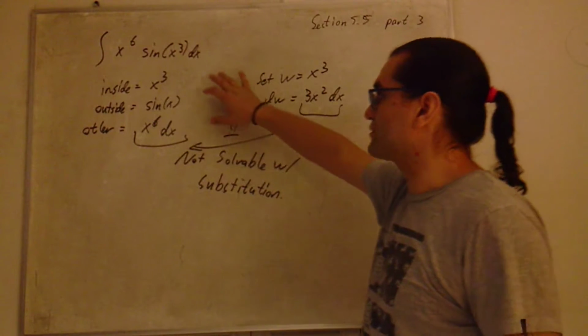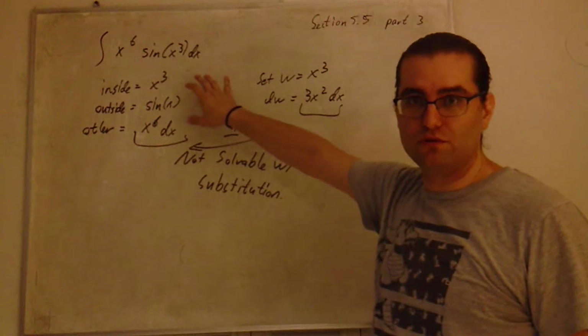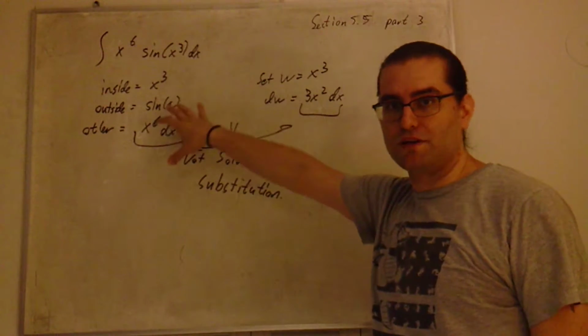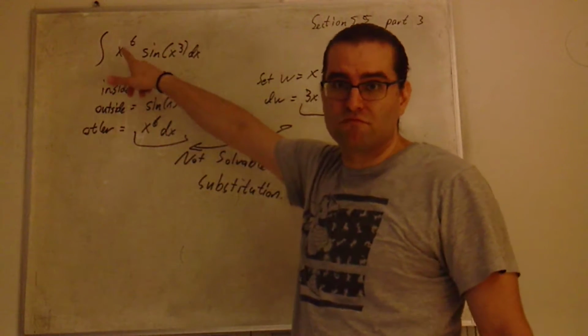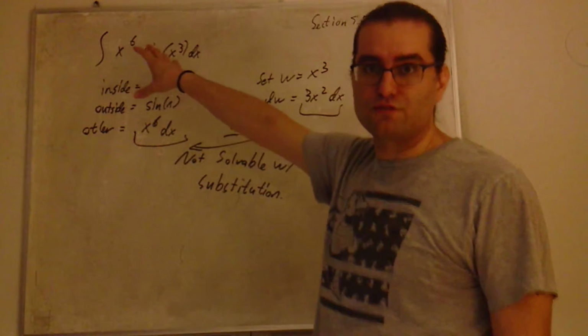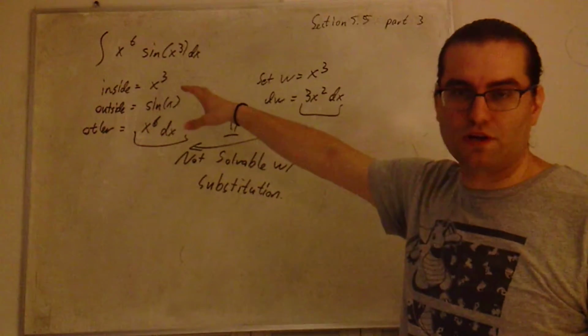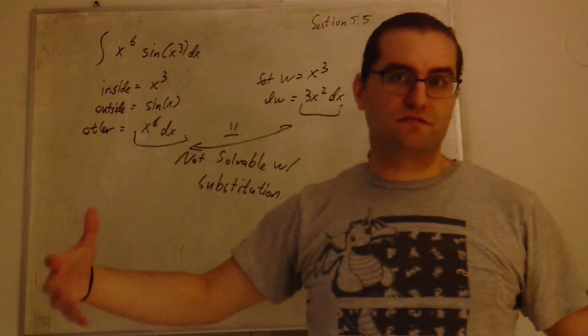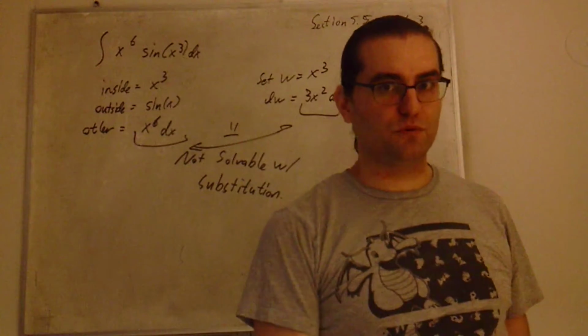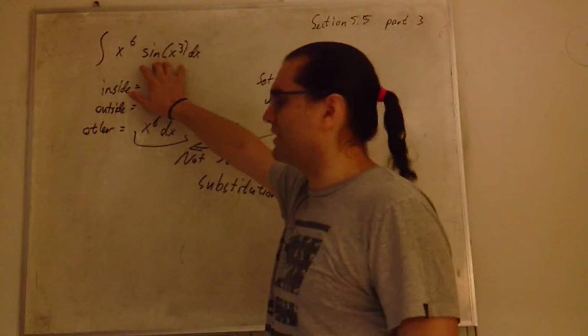I usually describe this as the backwards chain rule because it involves composite functions, but it also involves multiplication. So it's really easy to mistake this for a backwards product rule kind of problem. And integration by parts is the actual backwards product rule, but those problems look like this.